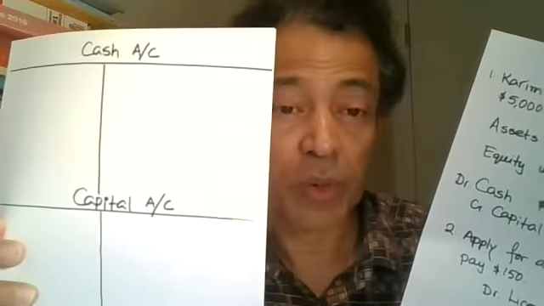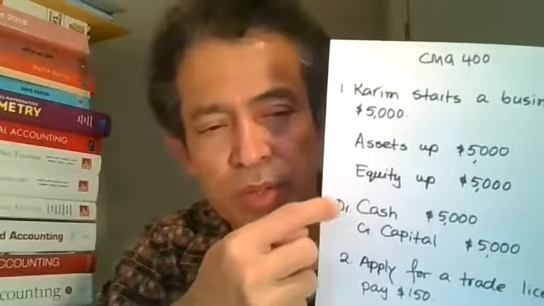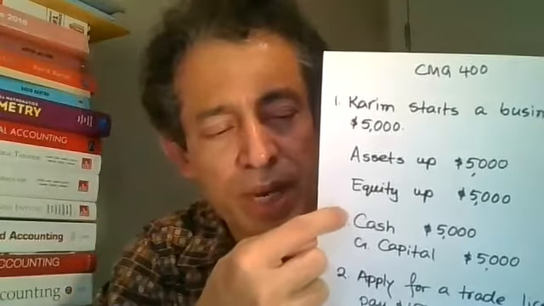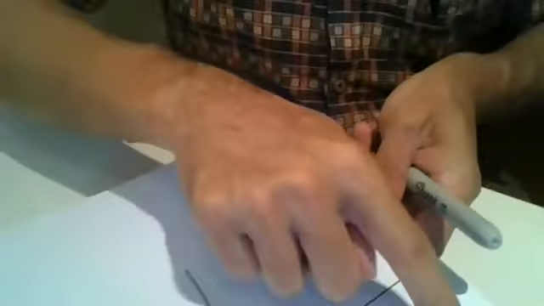Which side I go to depends on what's written in the journal. It says cash should be debit, so I go to the debit side of the cash account and post it.